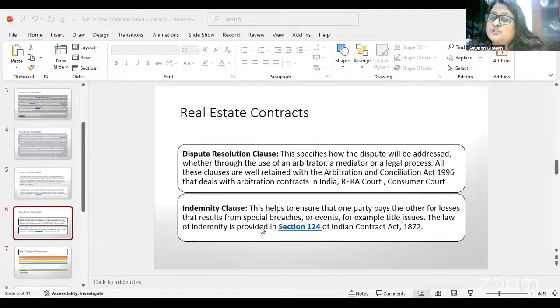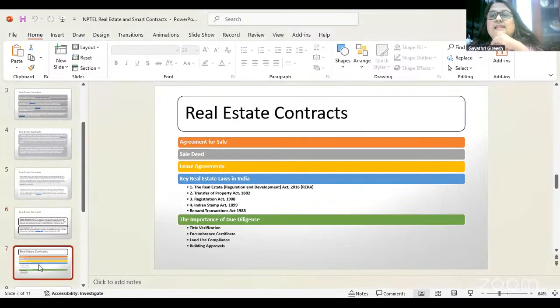Now, with the inception of RERA, RERA deals mostly with the residential and the commercial aspects. And you also have the Consumer Code, where these real estate contracts can be made enforceable through these kinds of agreements.